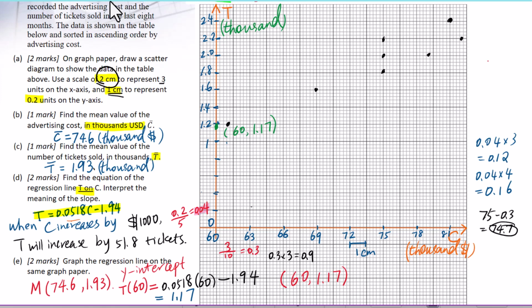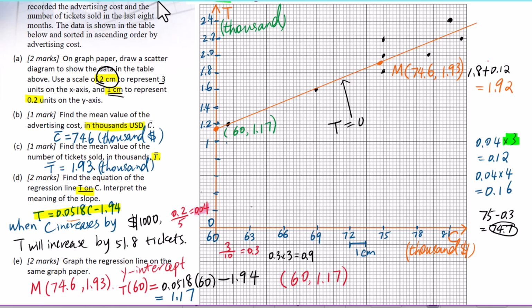Then 1.93, very close to 2.0. So from 1.8, go up 3 units. Do not forget label. Then connect these 2 points. This is the regression line.